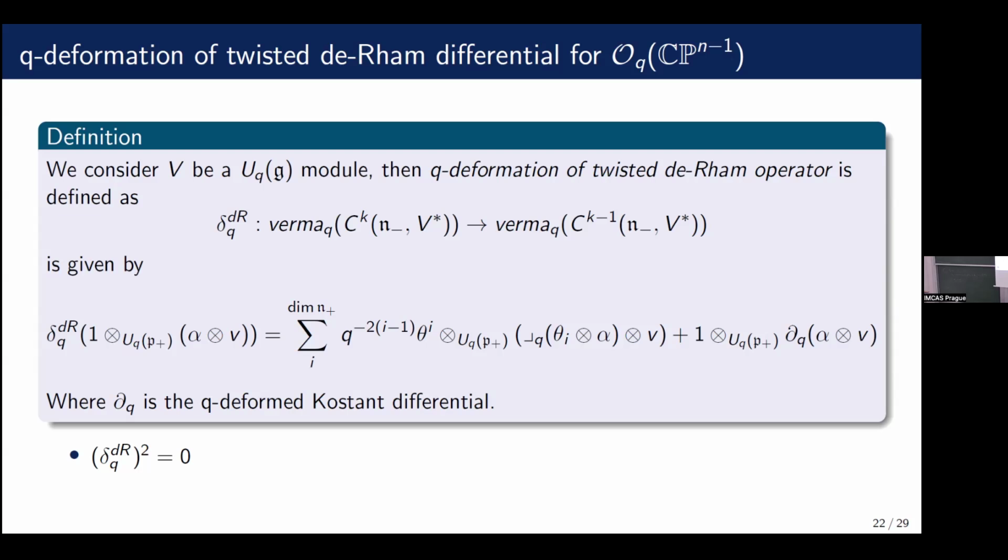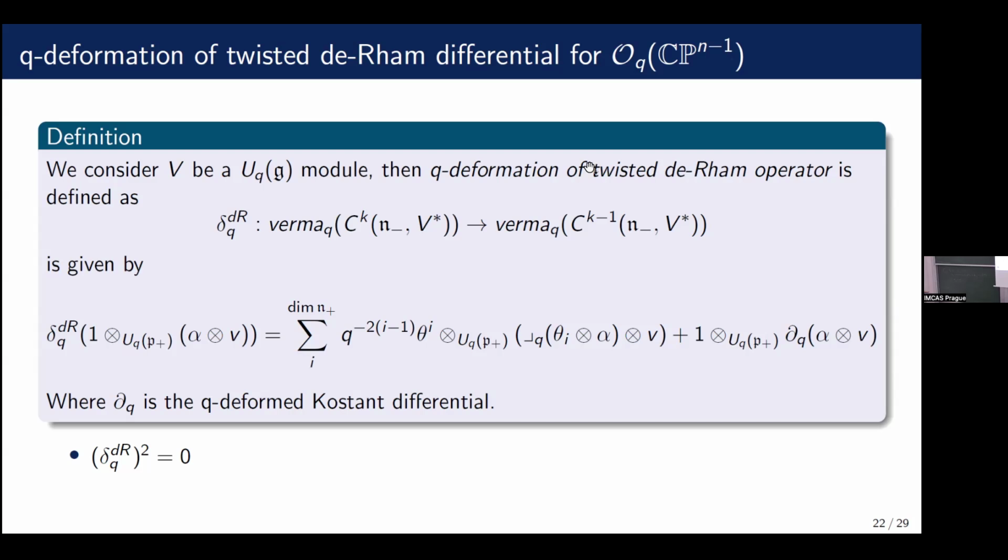So how is this map defined if it's not one of those special cases? In this case, it will be just 1 tensor, here it will be 1 lambda, and V will be replaced by C lambda.